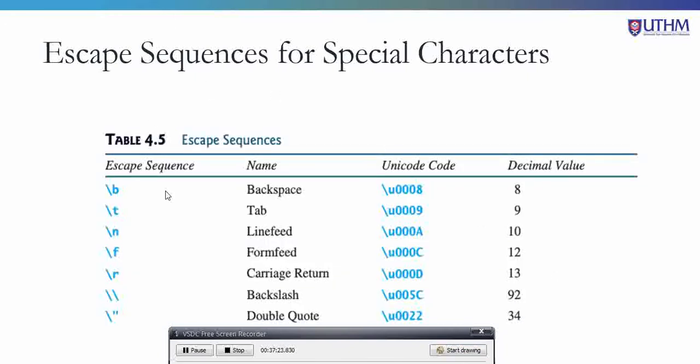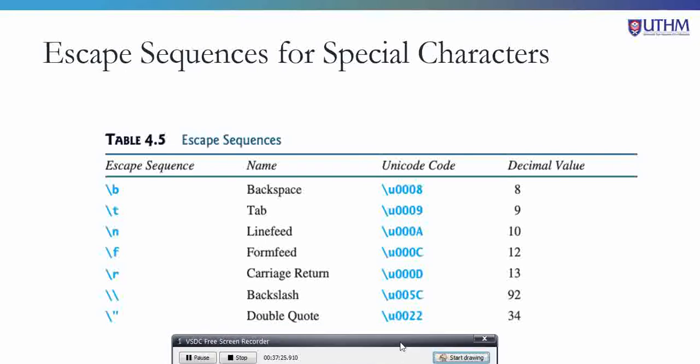This is, I think, similar to C. Whenever you want to write a double quotation inside the double quotation, you need to put this, same as the C you learned before.